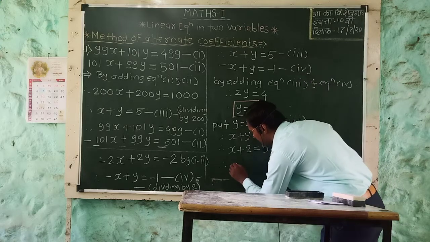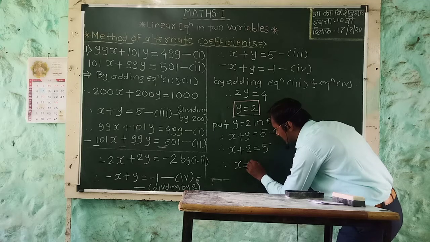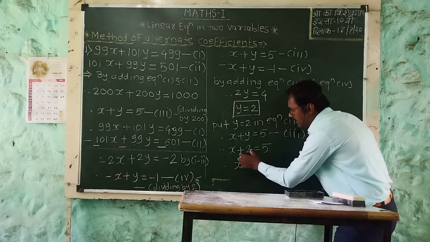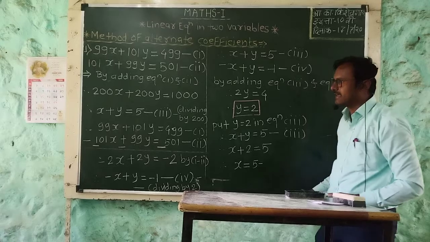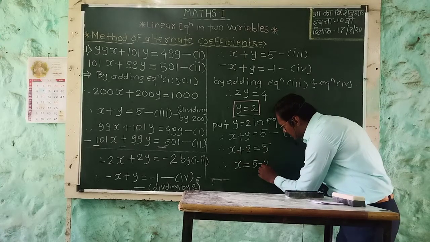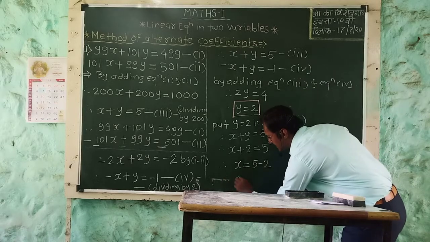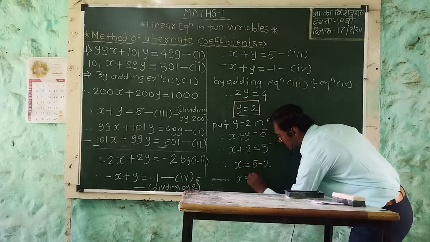Simplify the step to get the value of variable x. It will be 5 plus 2 to the right side, after transposition it will be minus 2. That's why you get x is equal to 3.